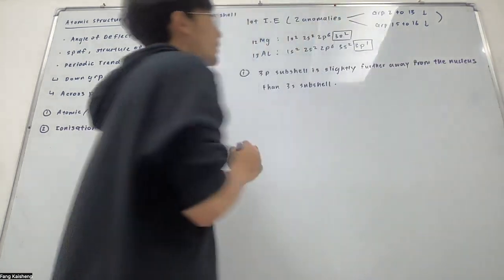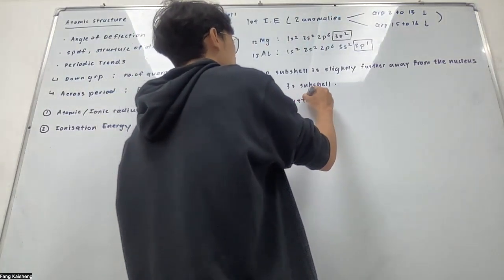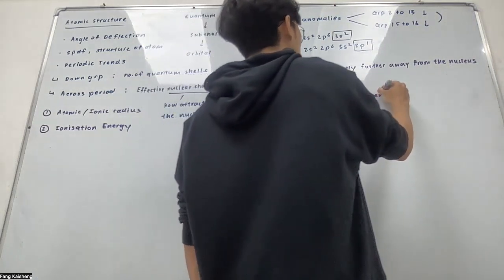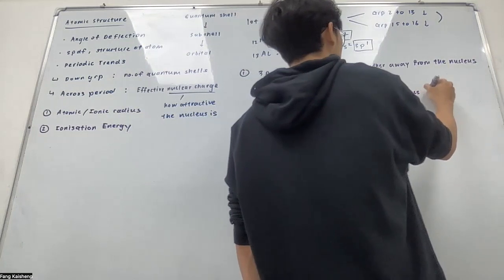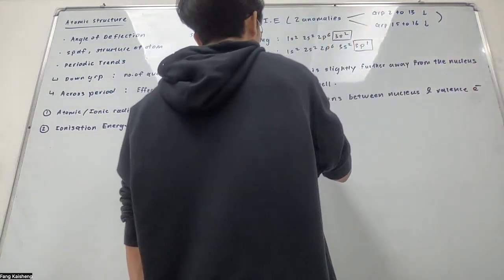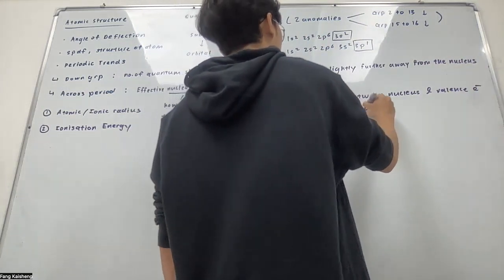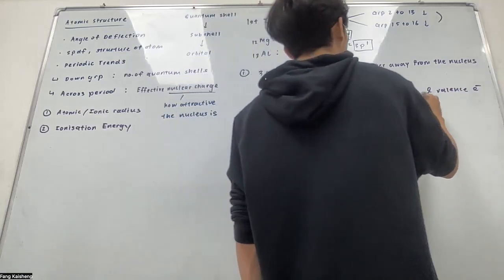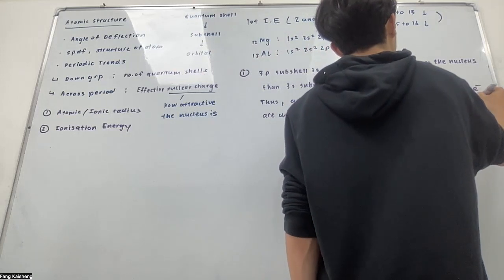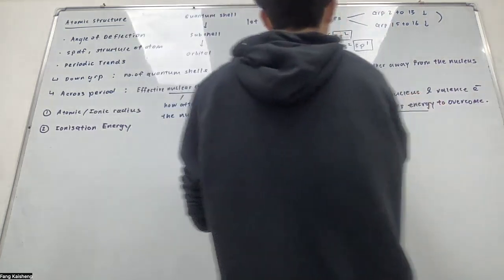And as a result, attractions between nucleus and valence electrons, you must specify, are weaker, which require less energy to overcome. So yeah, highlight these keywords once again.